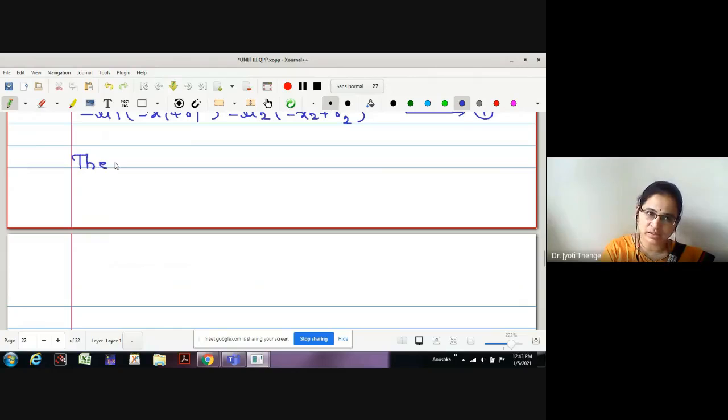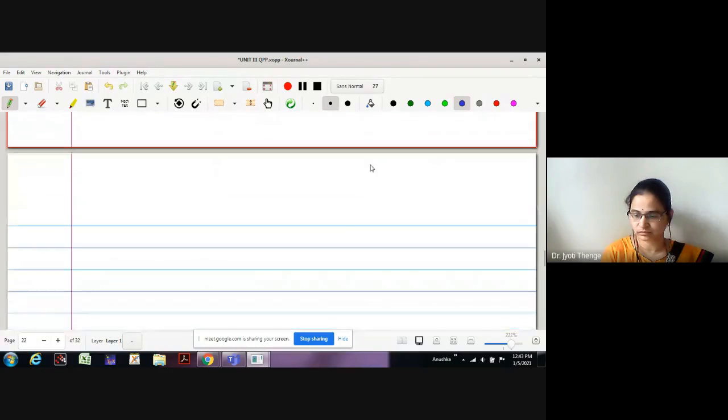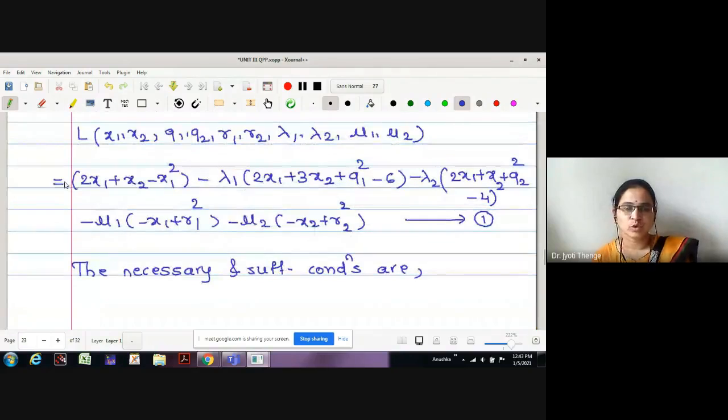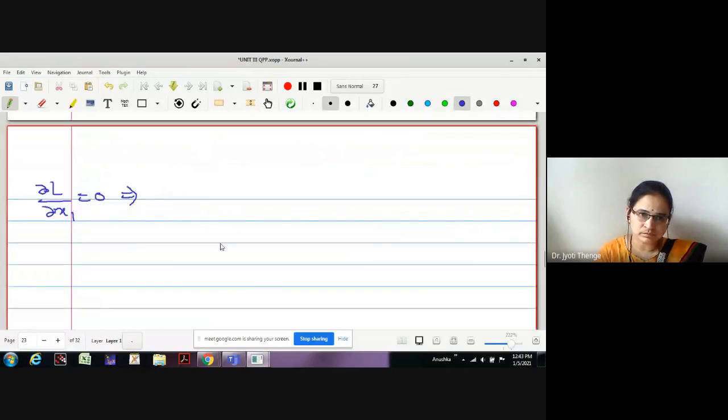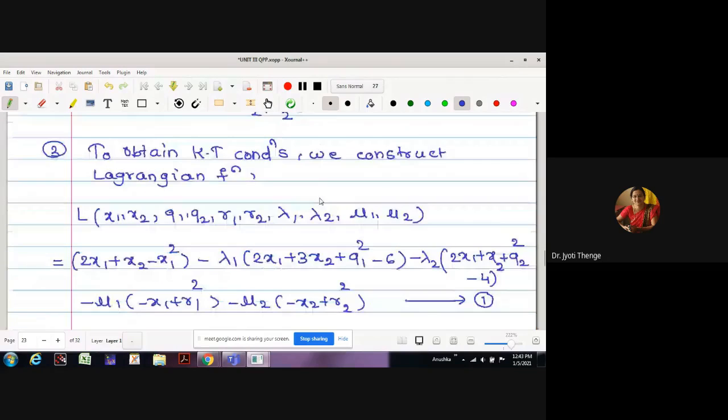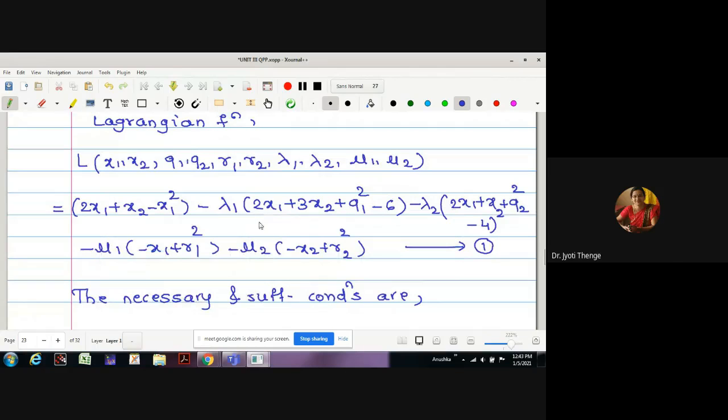The necessary and sufficient conditions are: first, dou L by dou x1 equal to 0 implies, dou L by dou x1, with respect to x1 we will differentiate. So the first bracket gives me 2 minus 2x1, minus lambda 1 times, what is the derivative of this bracket with respect to x1? 2.